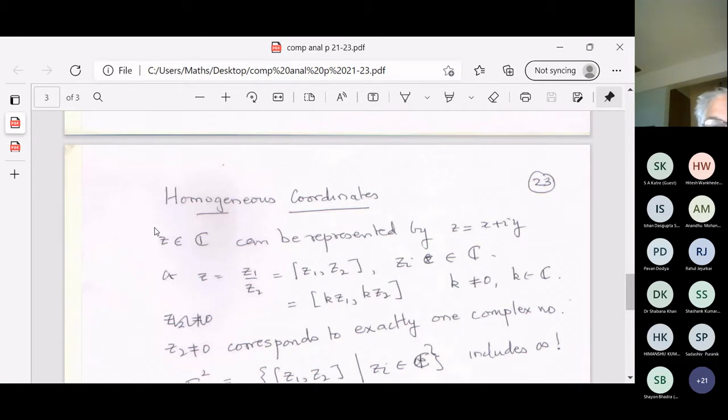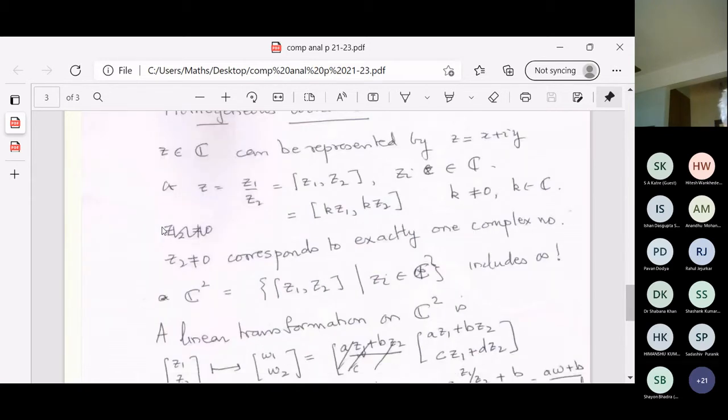Okay, dividing it by this equivalence relation. And that is a space that I want to identify with C. And in this identification, the point infinity is also there. Okay, because the trouble is that how do you add? Okay, how do you multiply? Multiplication is not a problem. The problem is how do you add here? So there are advantages and disadvantages of this homogeneous coordinates.